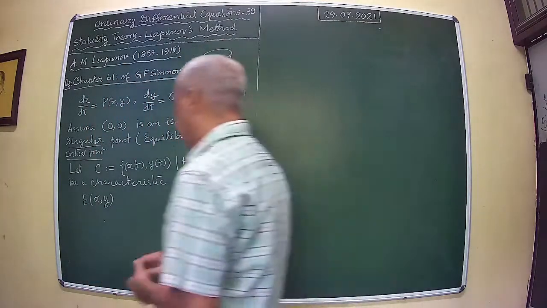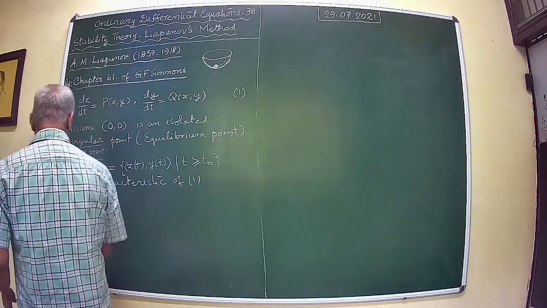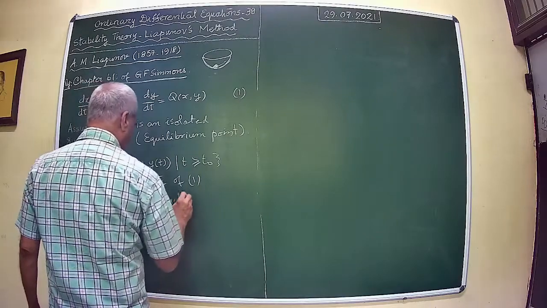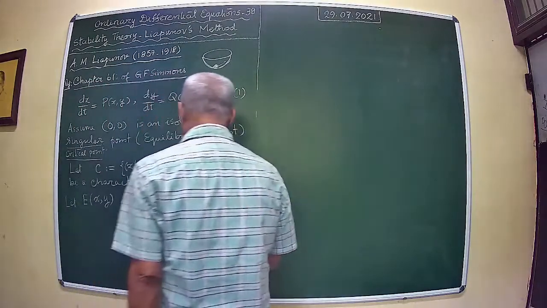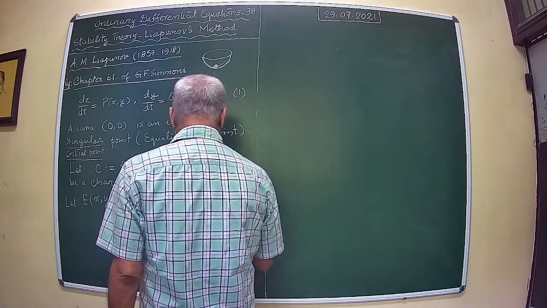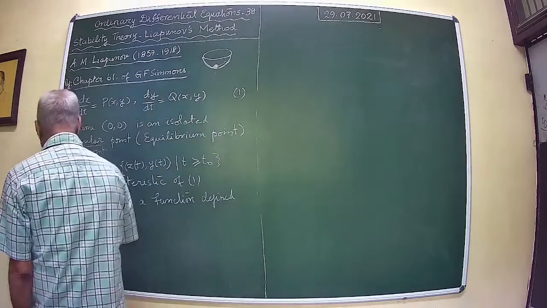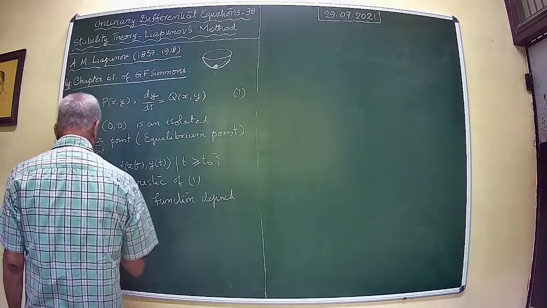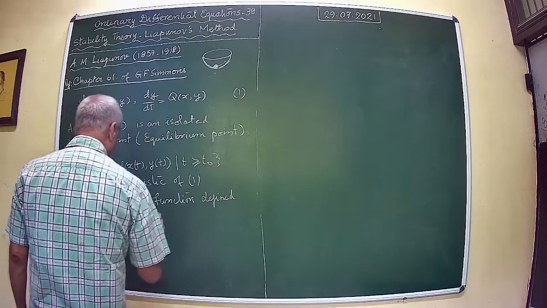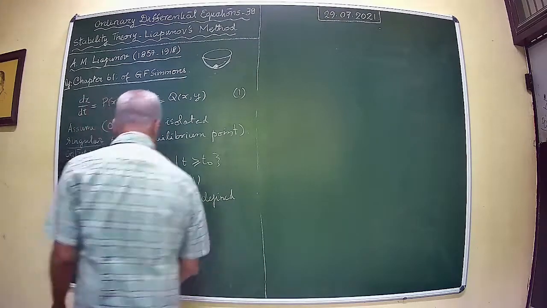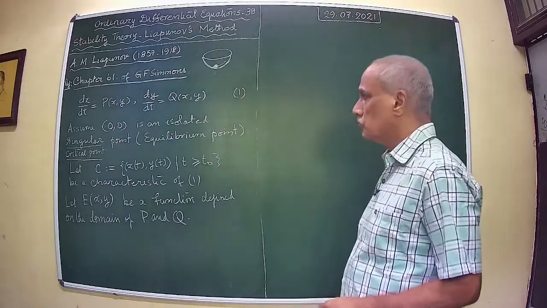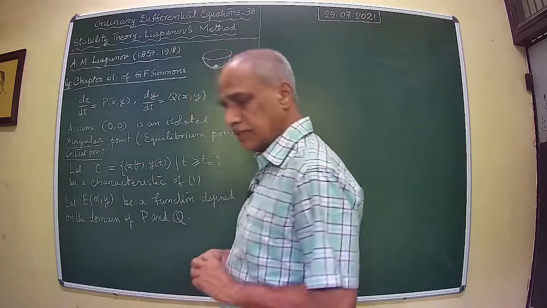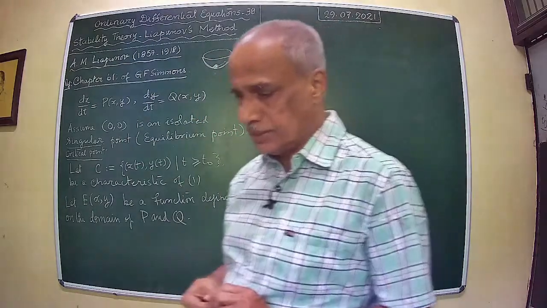So let E(x, y) be a real valued function defined on some domain, so (x, y) belongs to a certain D in R2. Okay, that is what I mean by the domain of E.